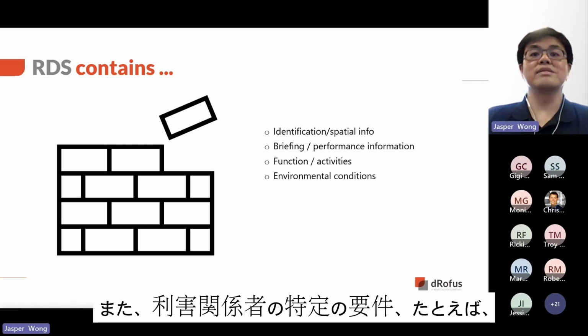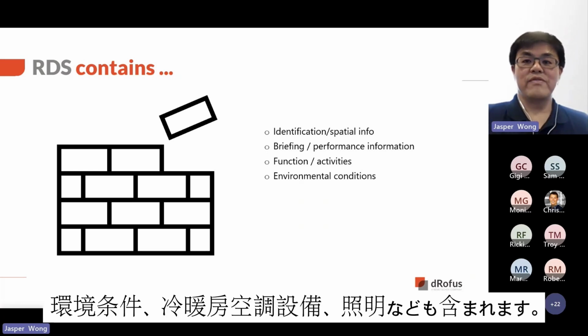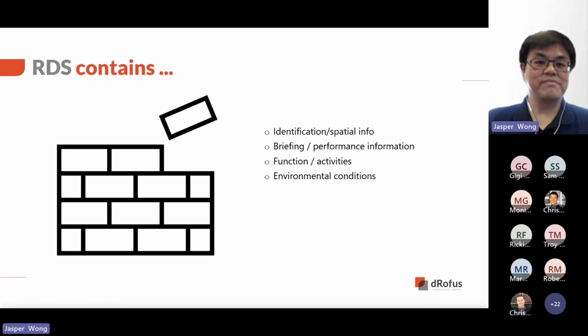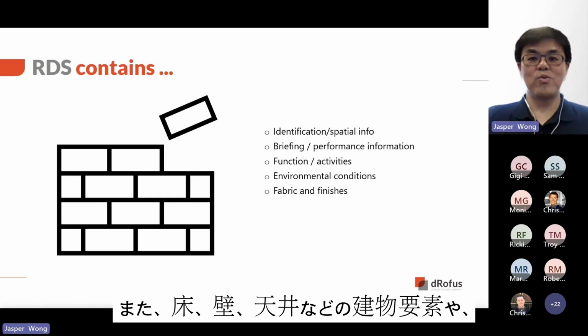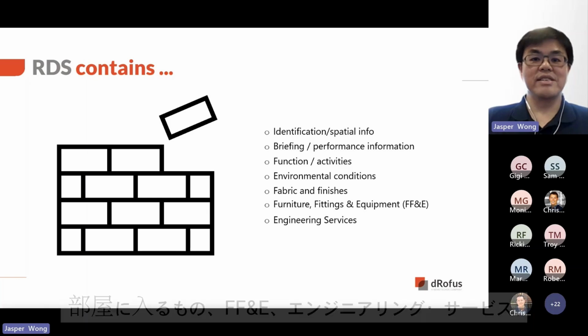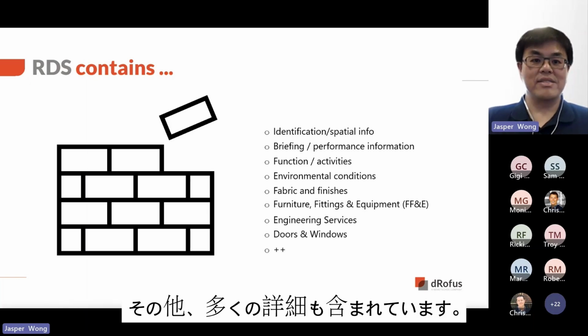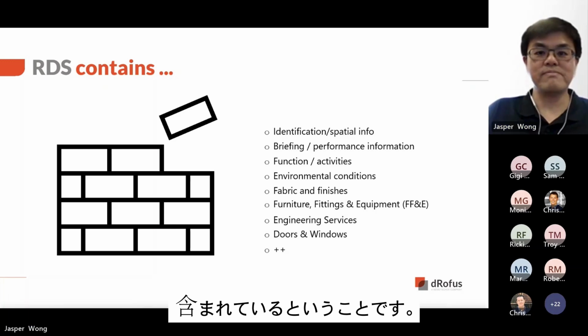It also includes stakeholders' specific requirements such as the environmental conditions, HVAC and lighting, for example. It also contains details of building elements such as floors, walls, ceilings, and what goes into the rooms, your FF&E, engineering services, and many others. In short, it contains a snapshot of information about the room.